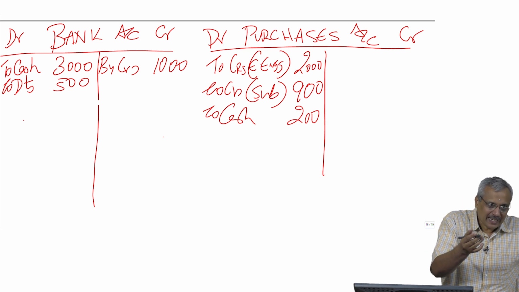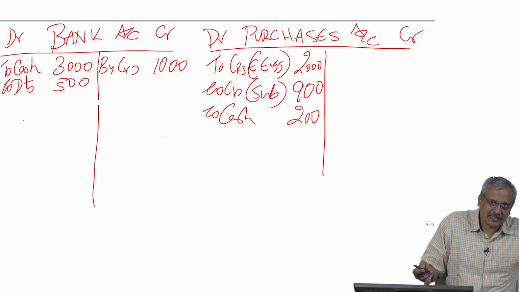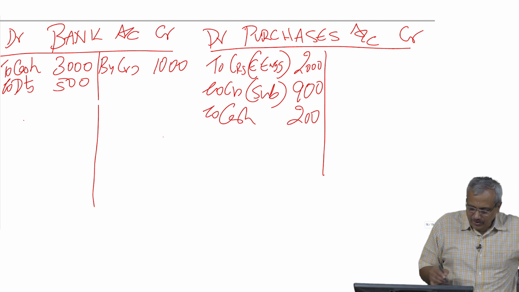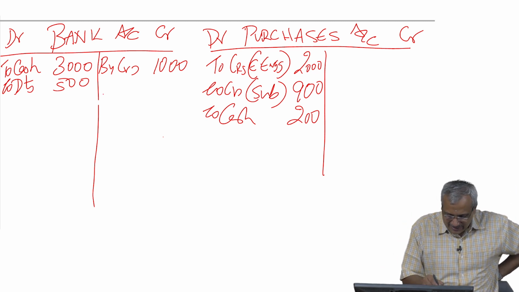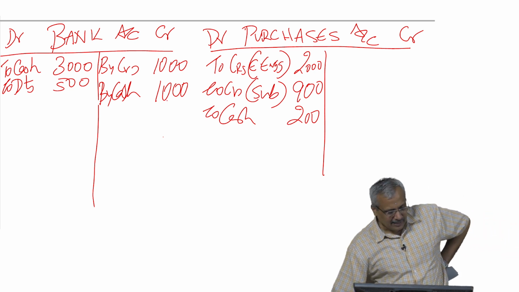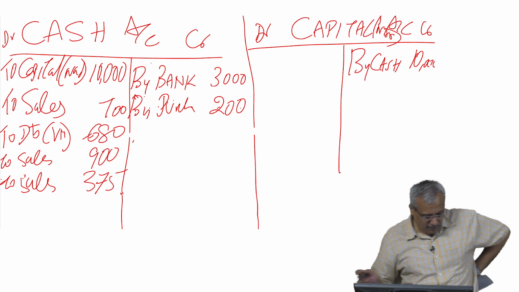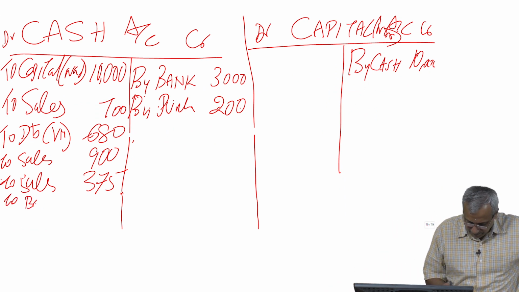Bank balance is reducing, so bank is credited. So the bank account is credited by cash, rupees 1000, and the cash account is debited to bank, rupees 1000.